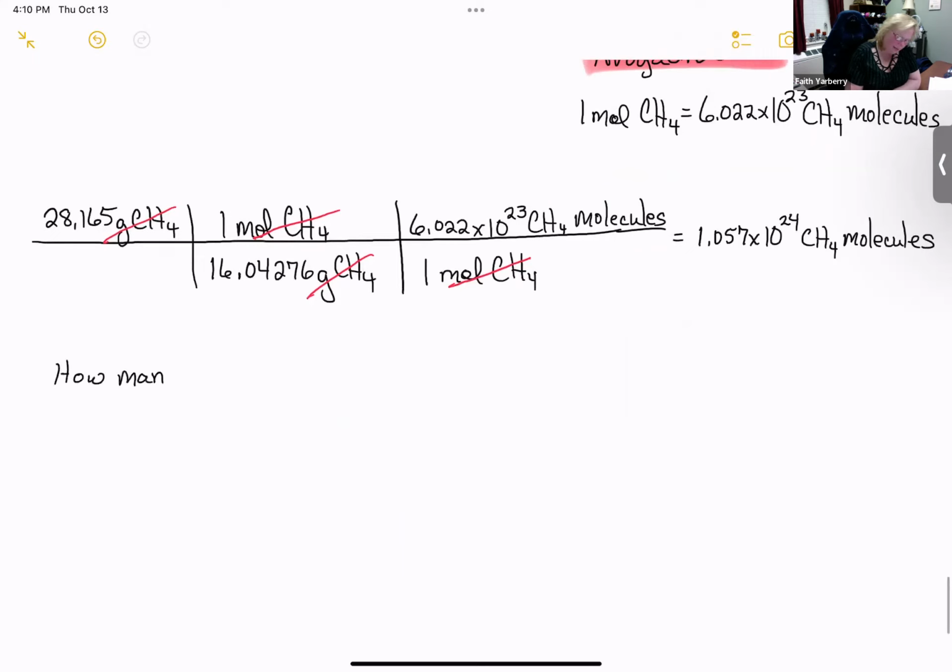How many grams of carbon are in 21.926 grams of lead 4 carbonate?